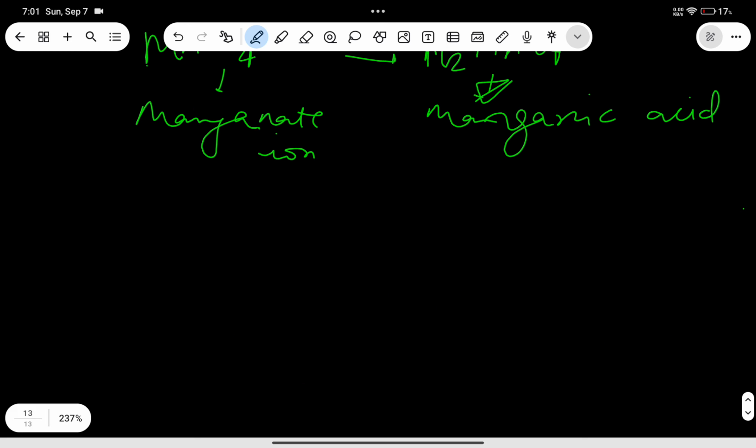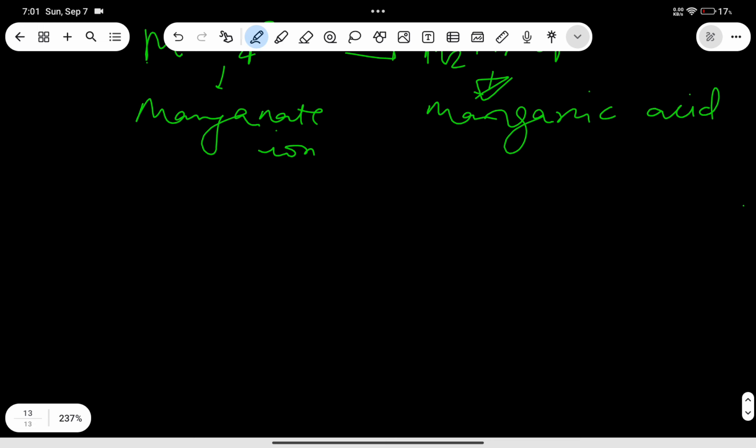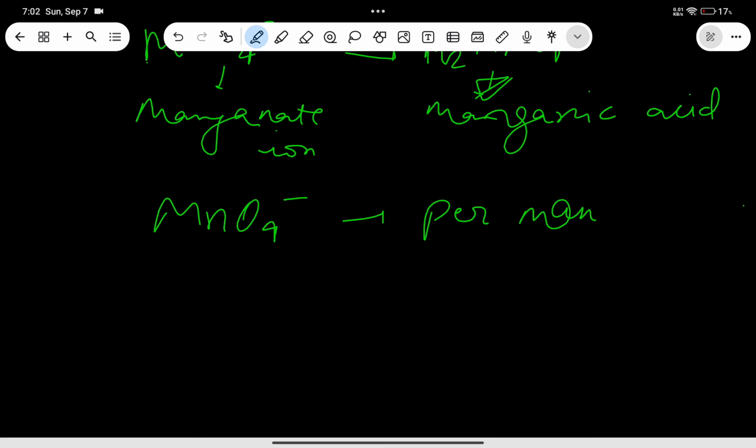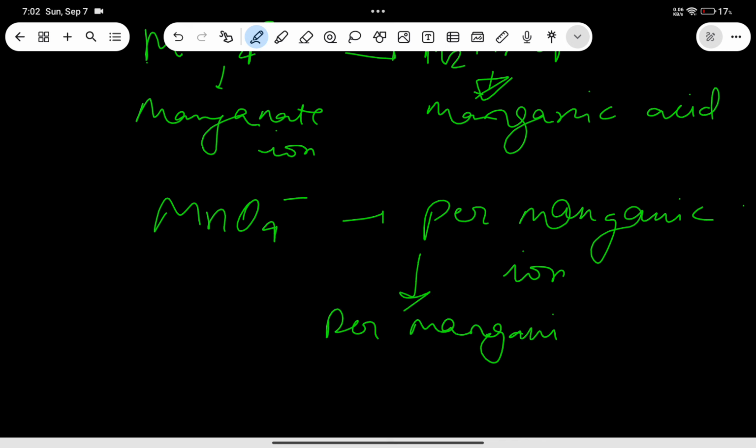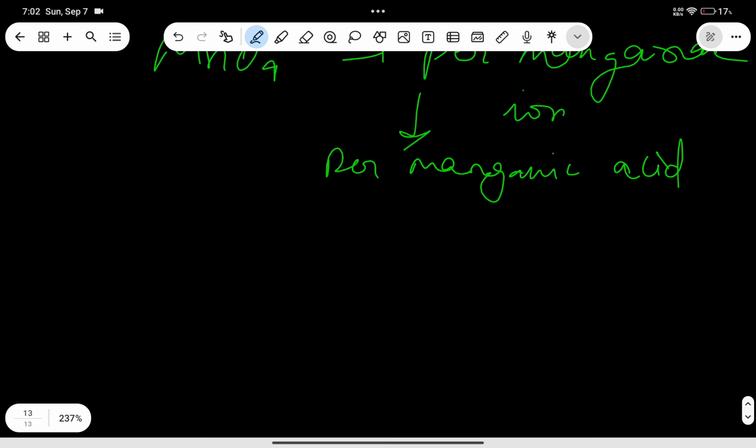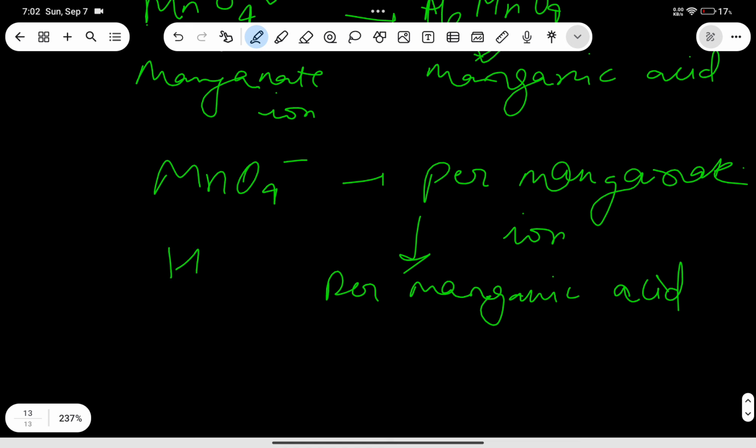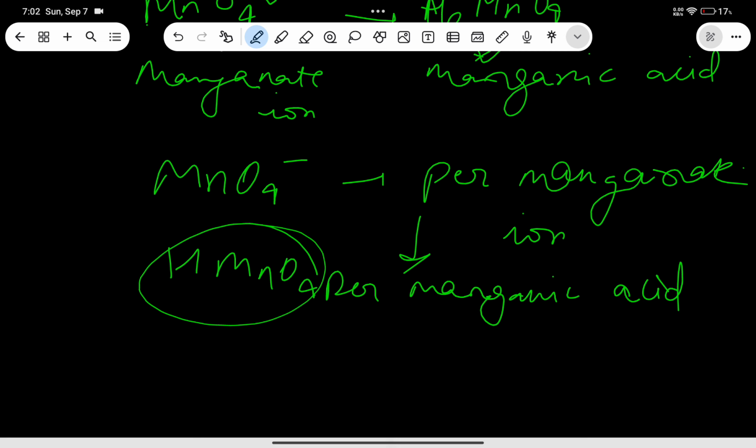And the last one, MnO4 minus, simply the permanganate ion, and it is derived from HMnO4, that is permanganic acid.